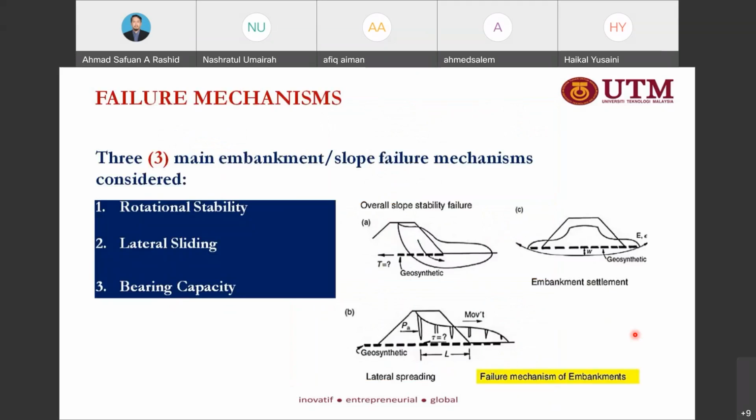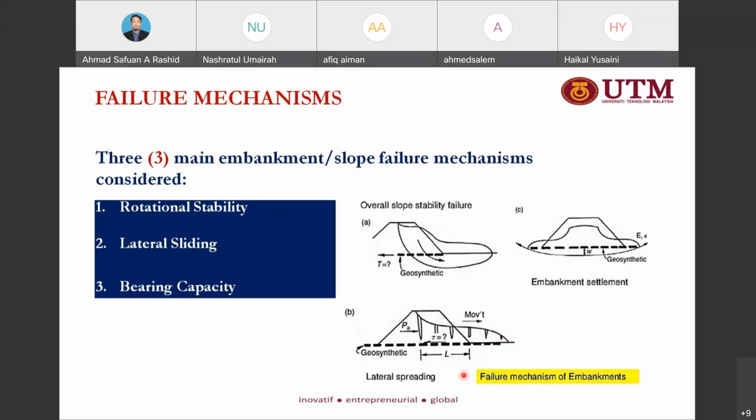Okay. So failure mechanism. There are three main embankment or slope failure mechanisms considered. The first one is the rotational stability. Then they have a lateral sliding here.